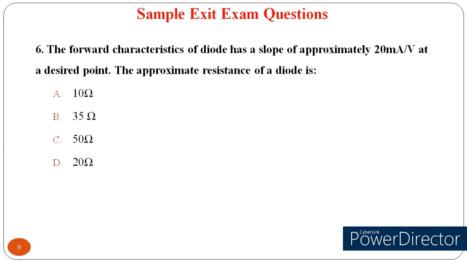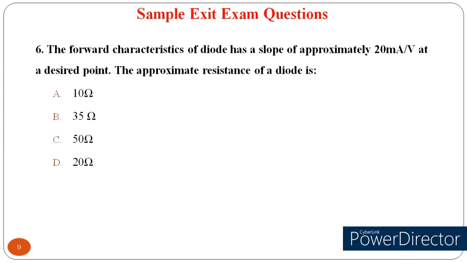In the piecewise linear model, the forward characteristic of a diode has a slope of 1 over rD, which is equivalent to change of iD over change of vD.